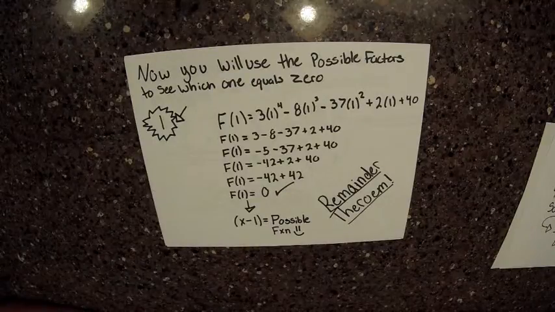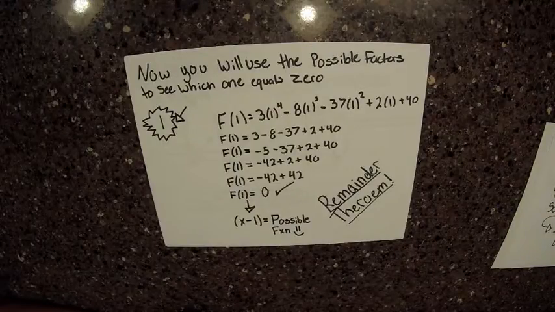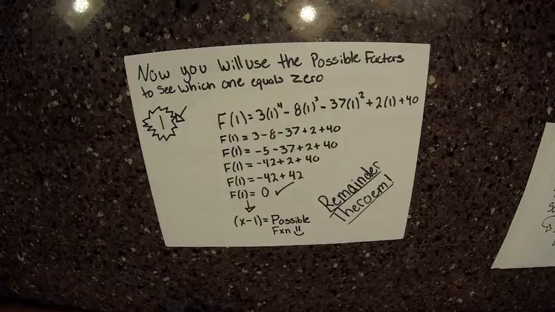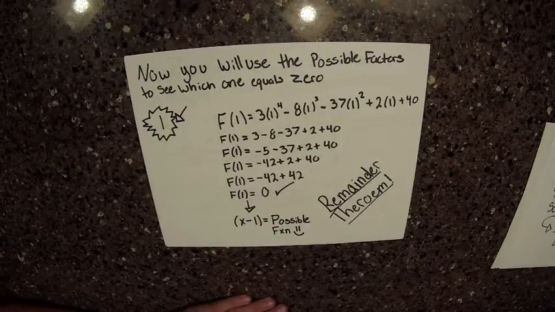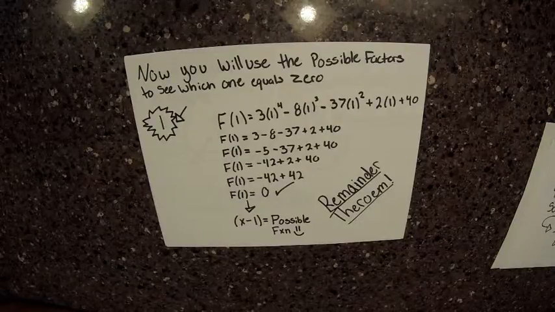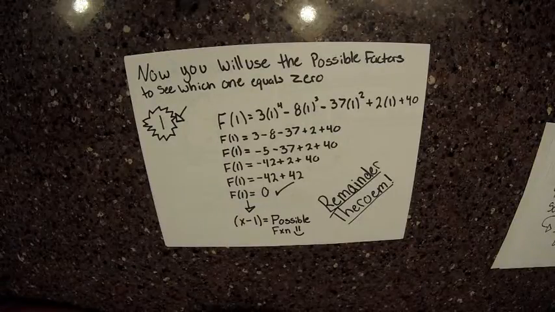Now that you have all of your factors from plus or minus p over q, you will choose one and plug it into your original equation. The one I'm going to choose, just to make life easy, is positive 1.